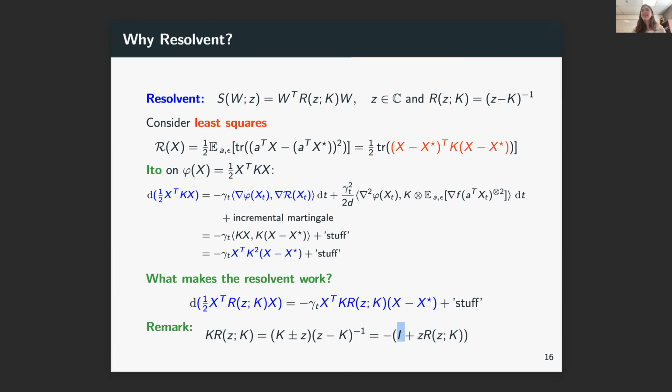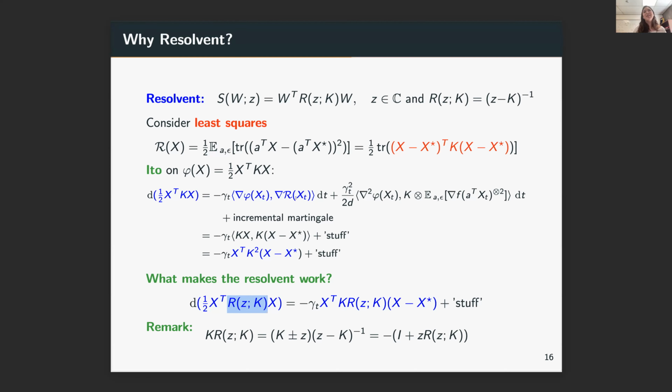That's just the identity. And then what are you left with? Z times the resolvent back again. So there's this neat identity that can take things like KR and relate it back to R again. And so that's how you can close the system, because you can replace this KR with something like I minus ZR. And it's back as a totally deterministic thing of R, the resolvent.